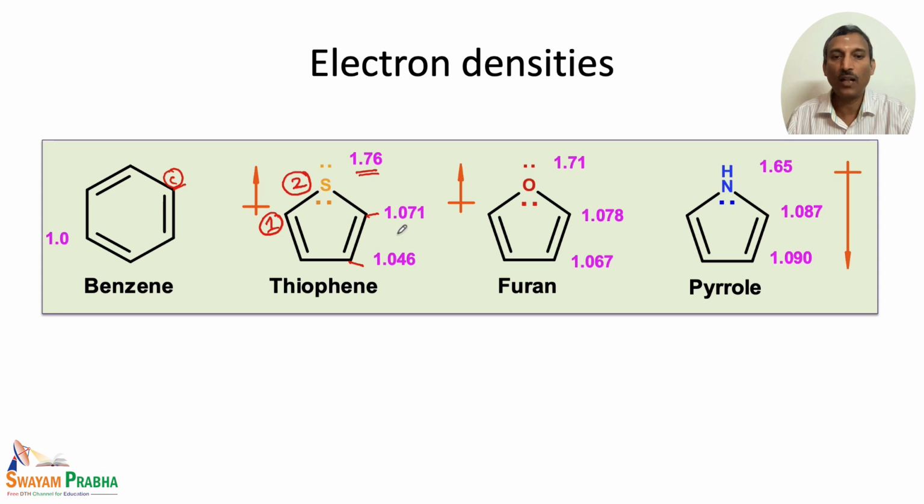So if we add all these up, we end up with a total of 6, because there are a total of 6 pi electrons. So we can say here we have 6 carbons, and all carbons have 1 as the electron density. So 6 into 1.0 is equal to 6 pi electron density. This is what we can easily calculate for benzene.